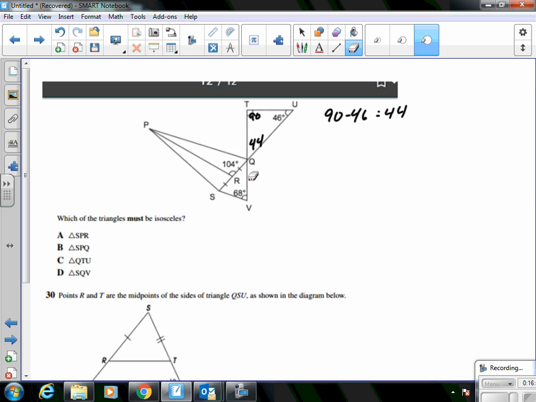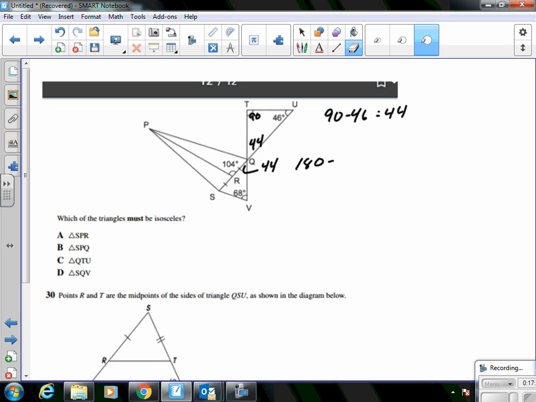And if we come down here to this triangle with the 68-degree angle at V, we don't have another number given to us, but we should recognize that we have an intersection of two lines here. So this is a vertical angle with this angle right here, and those should be the same because they're vertical angles. So if this one's 44, this one's 44, and then we can use that to find the third angle.